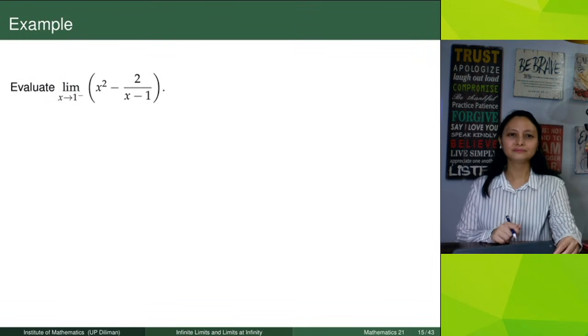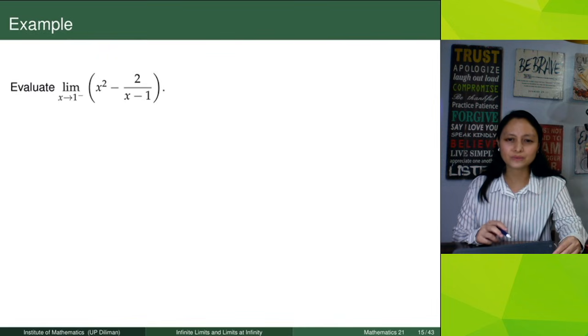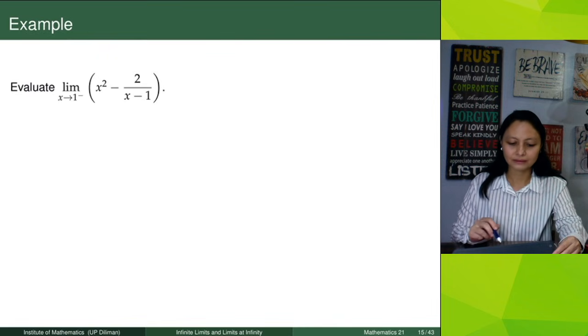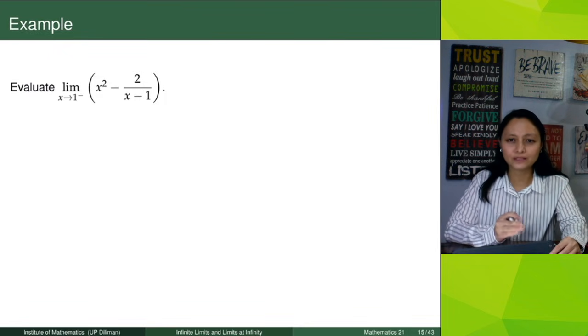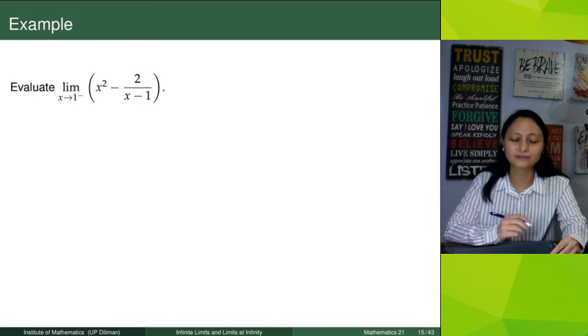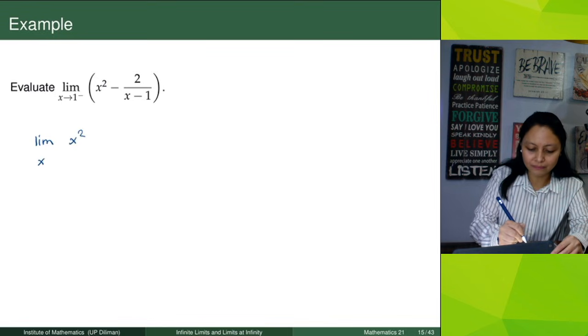Okay? So, let's try to look at some examples. First, we want to get the limit of x squared minus 2 all over x minus 1 as x approaches 1 from the left. Okay? So, di ba, may theorem tayo that you can get the limit of each of the addends or each of the terms. Kunin natin. So, get the limit of x squared para mas clear.